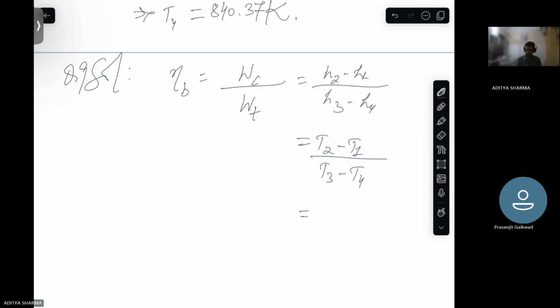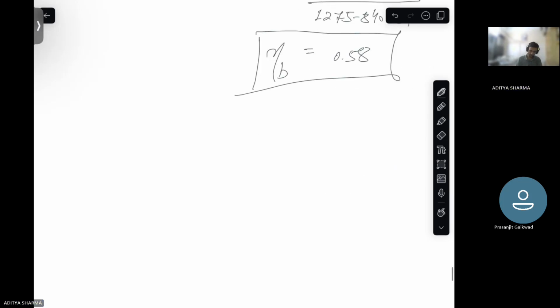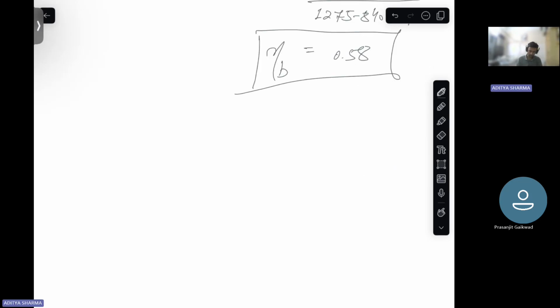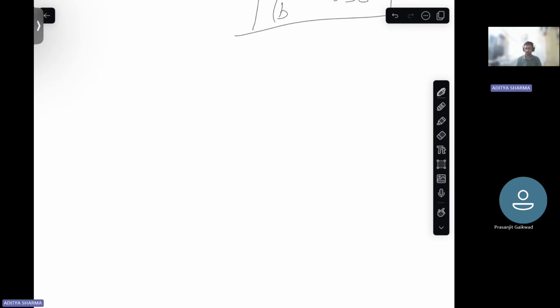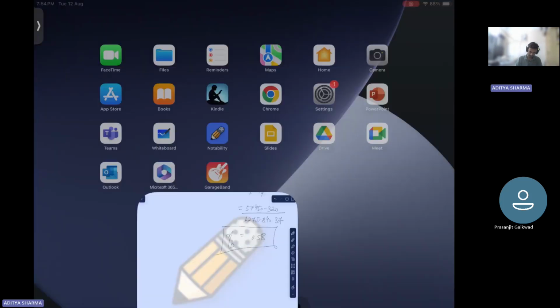This is 574.50 minus 320 divided by 1275 minus 840.37. If you work this out, this will be 0.58. So back work ratio is this 0.58. I hope this is also clear.